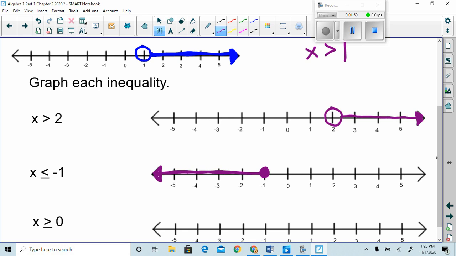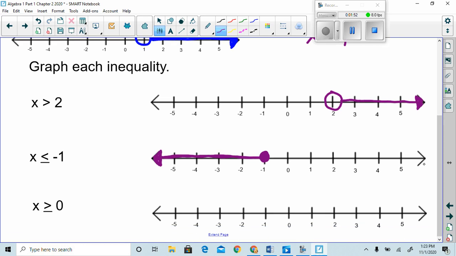And the last one, x is greater than or equal to 0, closed circle, and shading everything in the greater than direction. Remember, the direction of the inequality gives you the hint as to what direction to graph in.